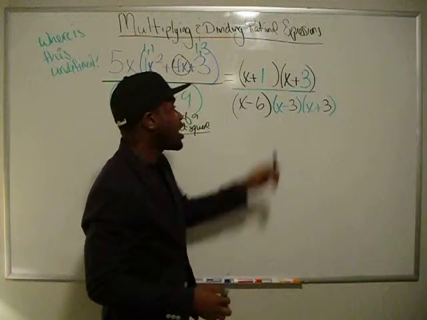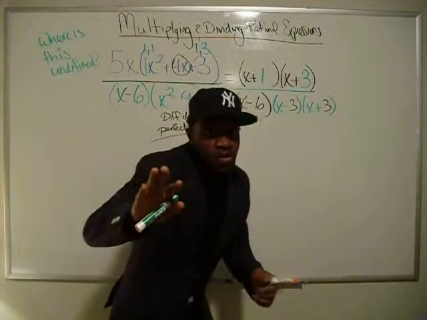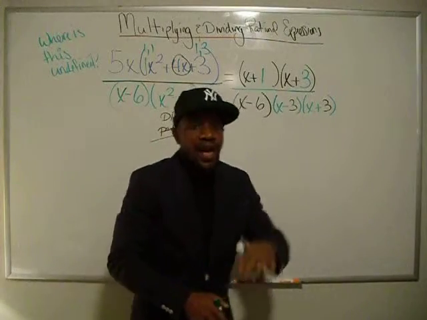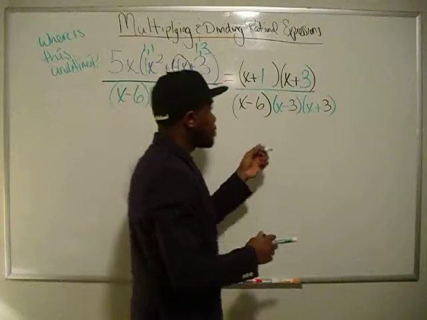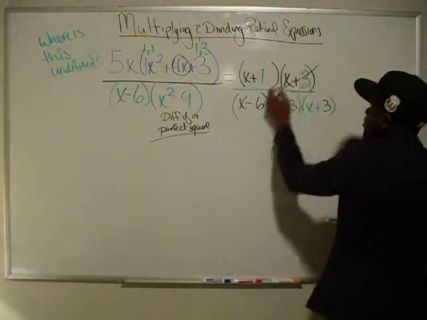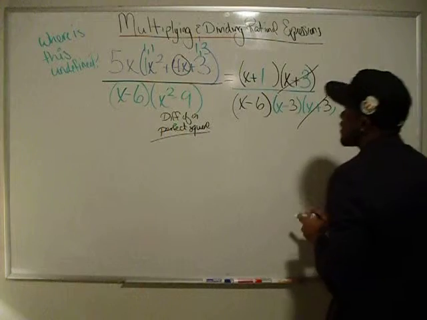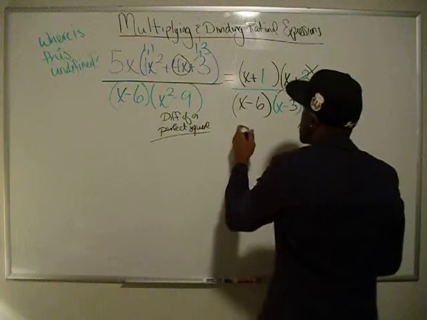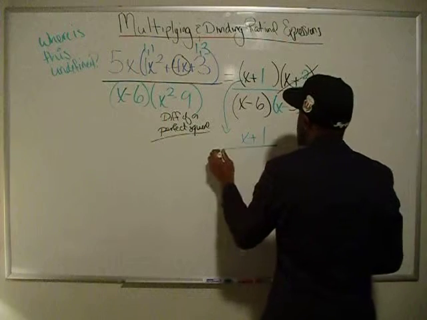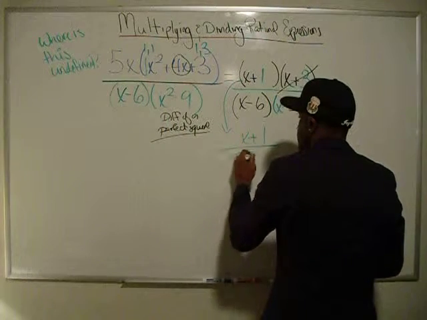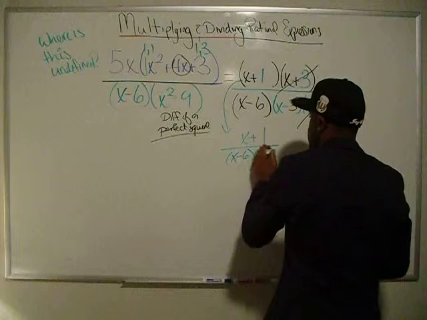Nothing in common with x minus 3. But x plus 3, how many do I see? I see one upstairs, I see one downstairs. So let's cancel them out. Boom, boom. We drop it down. X plus 1 is left over x minus 6 and x minus 3.